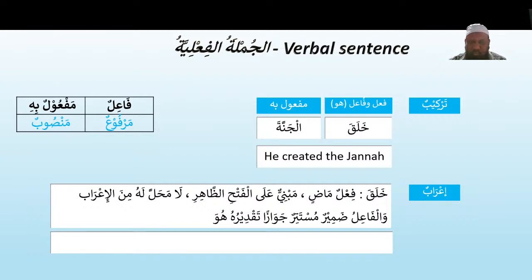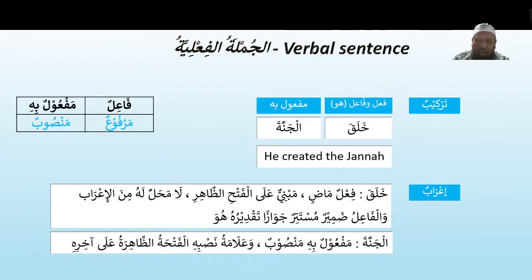Okay, so خلق فعل ماض مبني على الفتح الظاهر لا محل له من الإعراب والفاعل ضمير مستتر جوازا تقديره هو. And al-jannah, we know it, we've done it in the past. Al-jannata maf'ulun bihi mansubun wa alamatu nasbihi al-fathatu al-zahiratu ala akhirih.